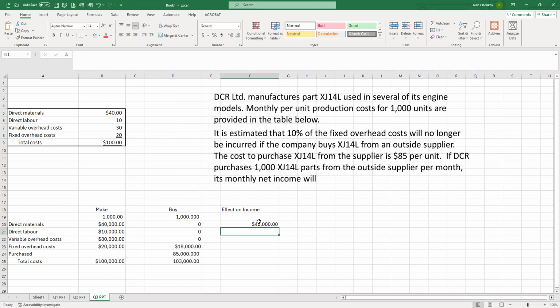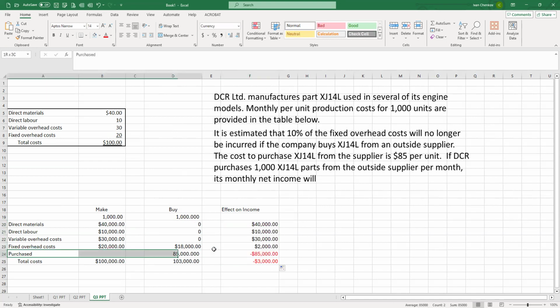If I do this calculation, I can easily see that income will decrease by $3,000 when buying. I'm going to lose $3,000. Make sense? Yes. Okay, let's go to the slides.